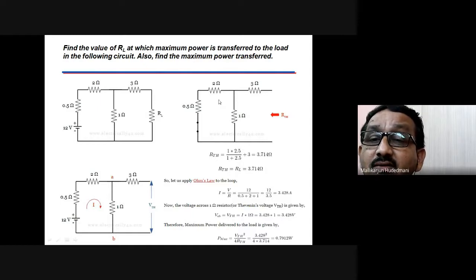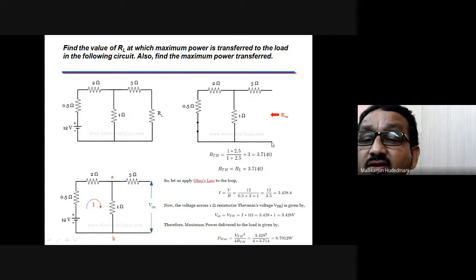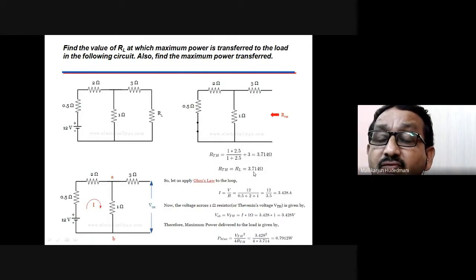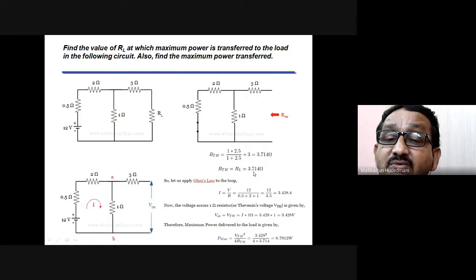So 1 ohm is in parallel with 2.5 ohm: 1 into 2.5 divided by 1 plus 2.5, and this entire representation is in series with 3 ohm, that is plus 3. The whole circuit's equivalent resistance stands at 3.714 ohm. That is RTH. Therefore, we now know VTH of 3.428 volt and RTH of 3.714 ohm as our equivalent representation.